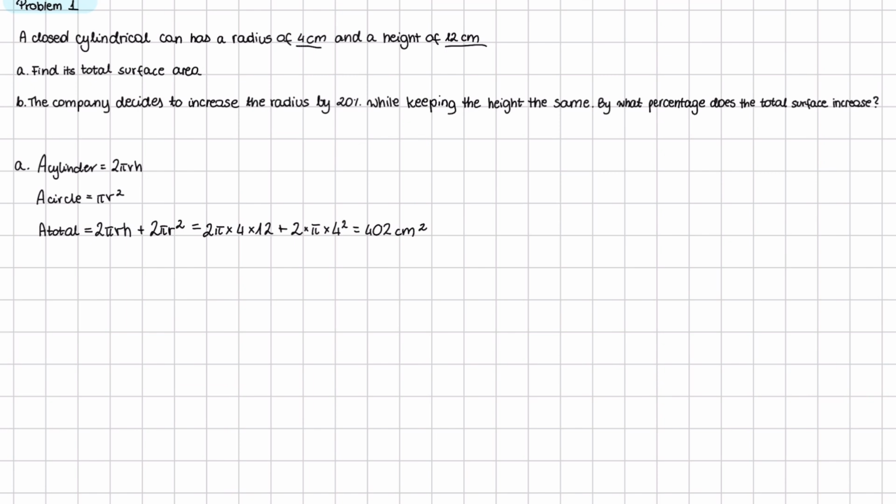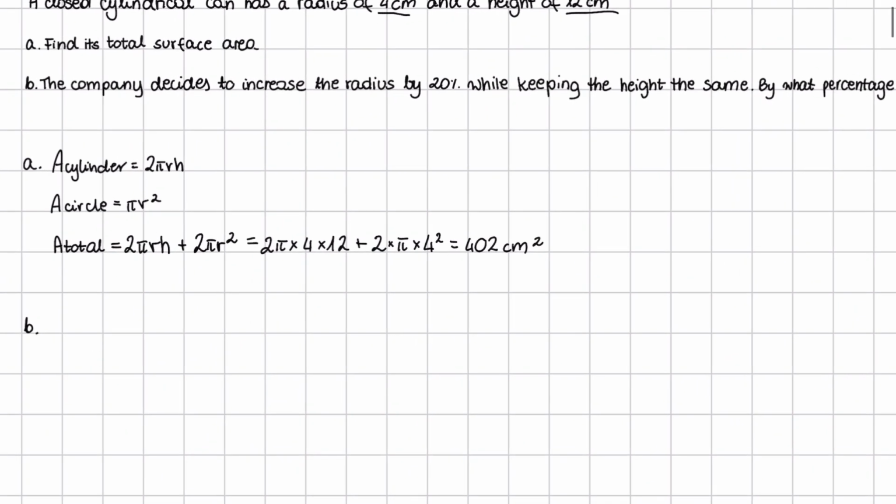And B, the company decides to increase the radius by 20% while keeping the height the same. By what percentage does the total surface area increase? So firstly, let's calculate our new radius.